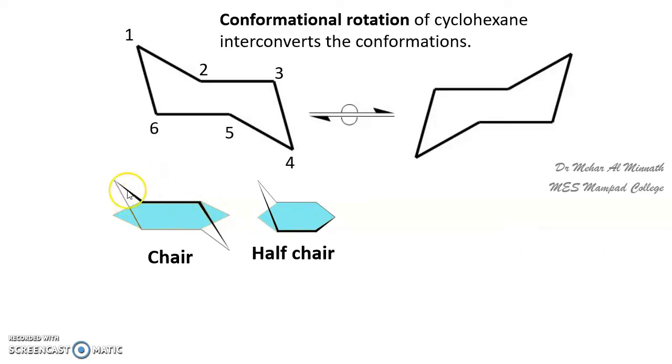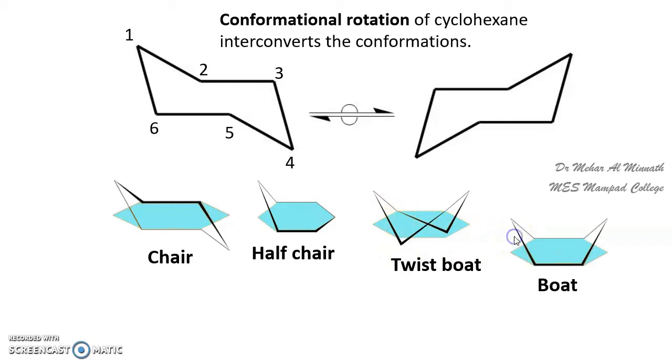So what's happening? Carbon 1 remains above the plane. Carbon 4 has come to the plane, or is on the plane now. Now twist, and both carbon 1 and carbon 4 are above the plane. The other carbon atoms also change their positions relative to the plane.